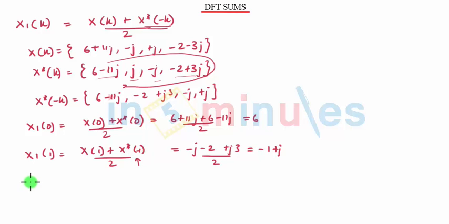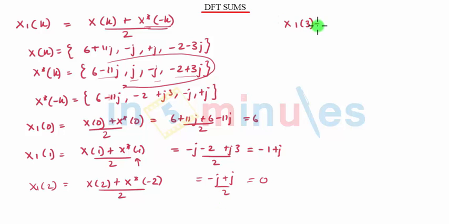Again x1 of 2 is x of 2 plus x star of minus 2 upon 2, which is equal to minus j plus j upon 2, that is equivalent to 0. For x1 of 3, it is x of 3 plus x star of minus 3 upon 2, that is minus 2 minus 3j plus j upon 2, that is minus 1 minus j.